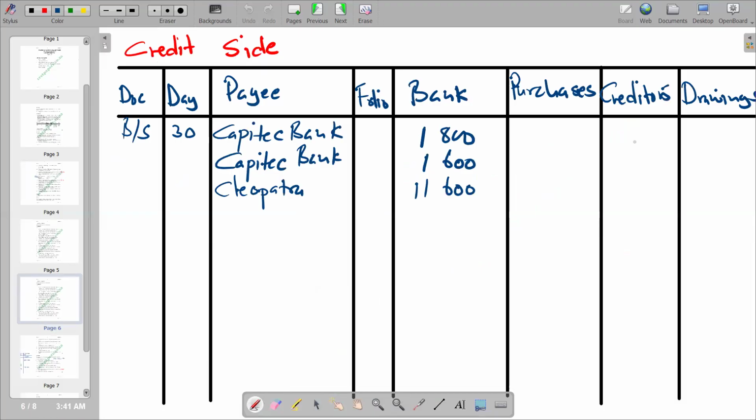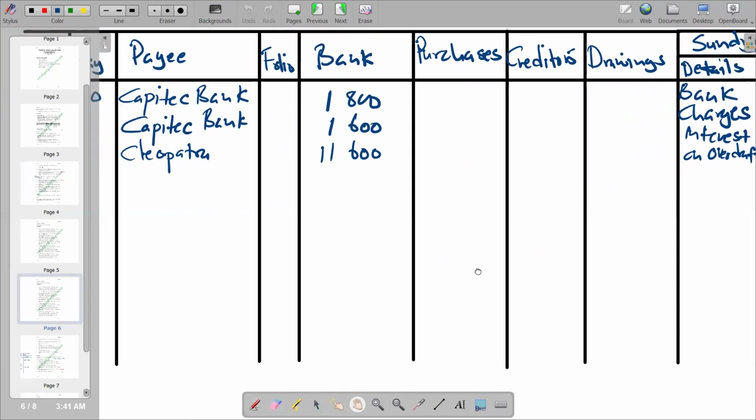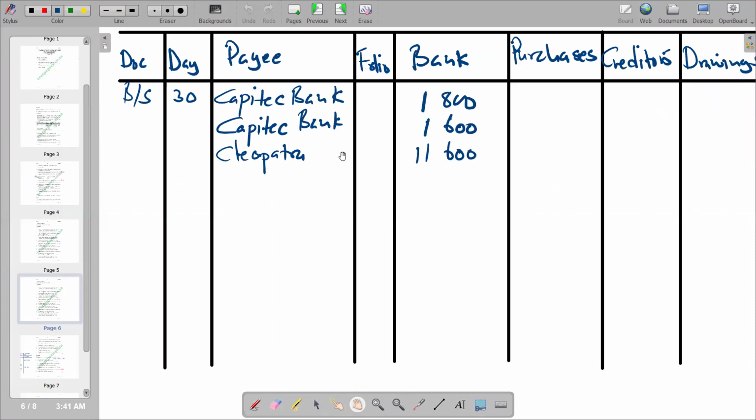So if you go there, you see that we've got the column for purchases, creditors, and drawings, and there's no advertisement. So in that case, we have to put it under the nominal accounts section. So maybe we can just drop it down a bit because of space.